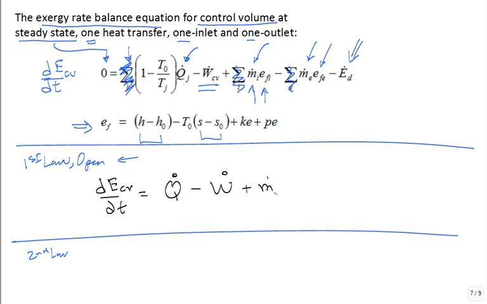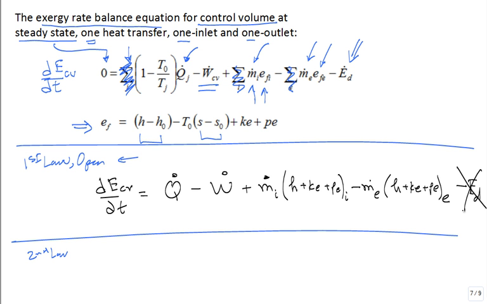Plus the mass flow rate in, bringing with it enthalpy, kinetic, and potential energy all in, minus the mass flow rate exit, enthalpy plus kinetic energy plus potential energy exit. Did I leave off any term? Oh, I think we need an energy destruction term. No, we don't have an energy destruction term. Energy is conserved. Entropy is not. Exergy is not. Energy is.